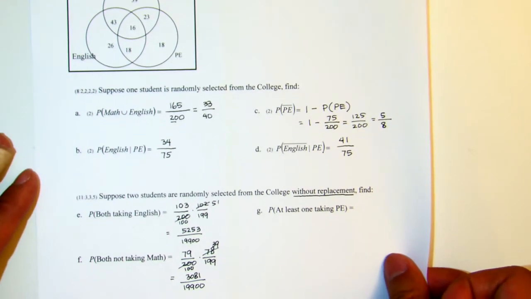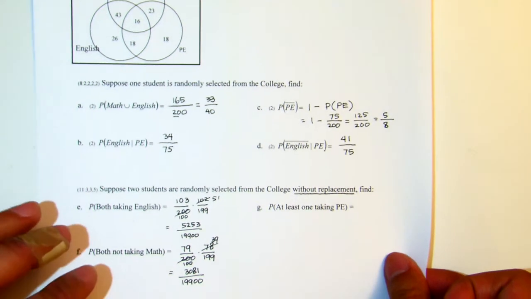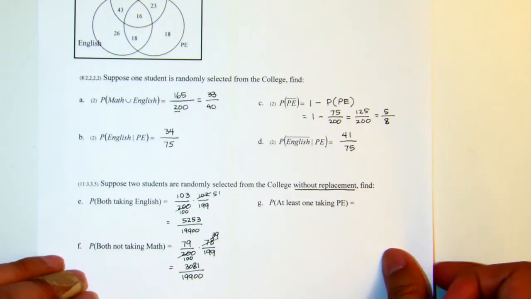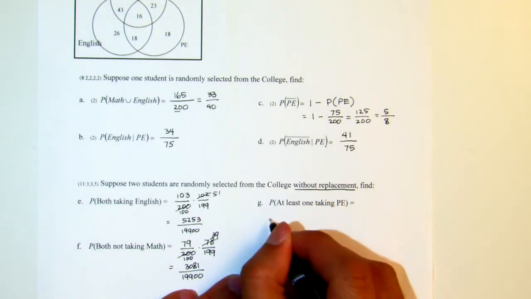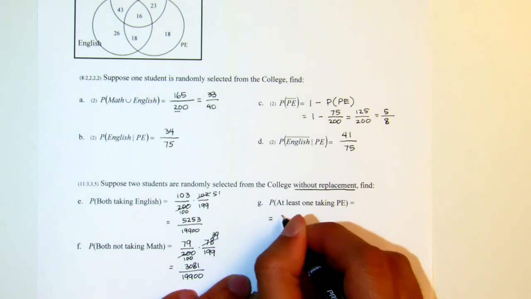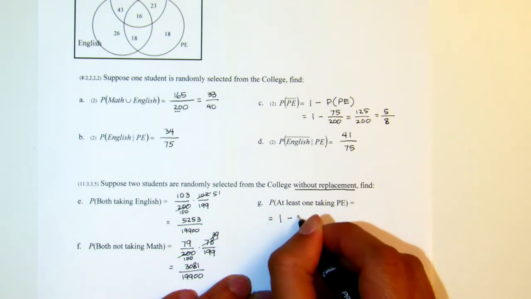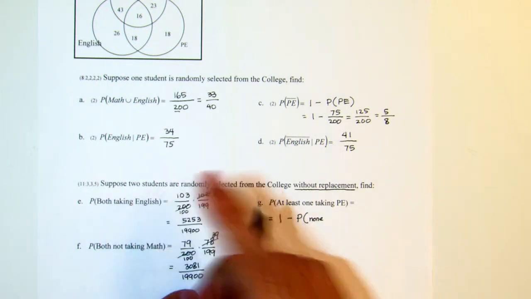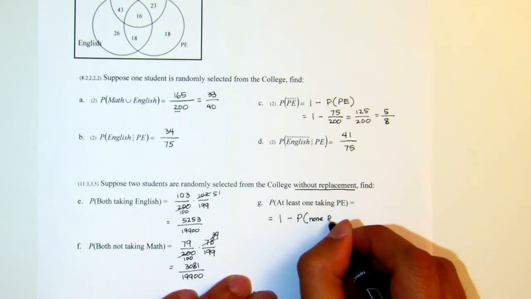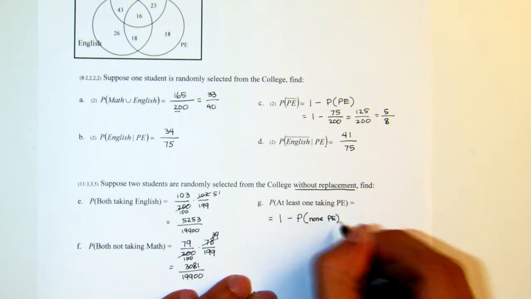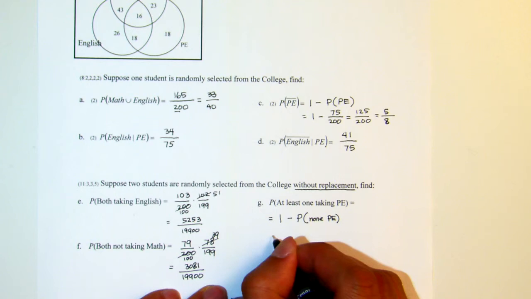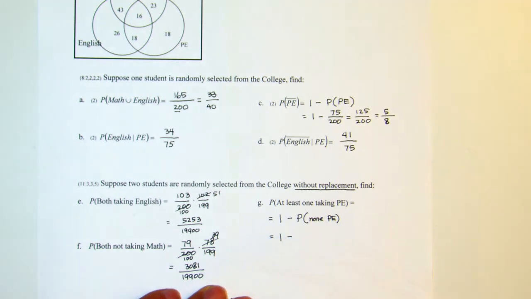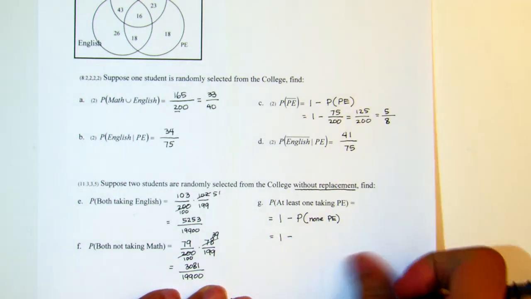Now the last one, part G. Find the probability that at least one is taking PE. The probability that at least one is taking PE is 1 minus the probability that none of these two students are taking PE. Which is equal to 1 minus the probability for those not taking PE.